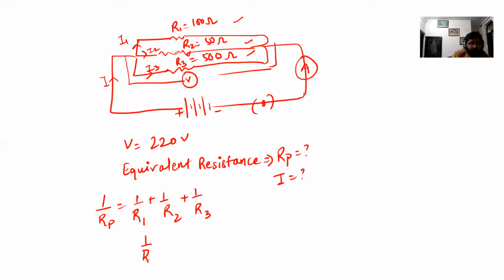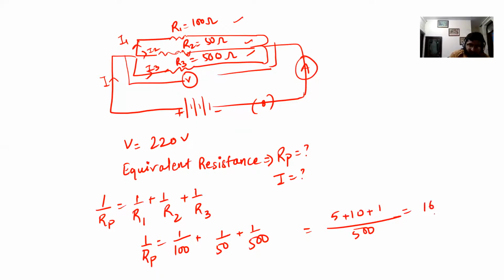Therefore, 1 upon Rp is 1 upon 100 plus 1 upon 50 plus 1 upon 500. Taking the LCM, which is 500, the value is 5 plus 10 plus 1, which is 16 by 500. So 1 upon Rp is equal to 16 upon 500.